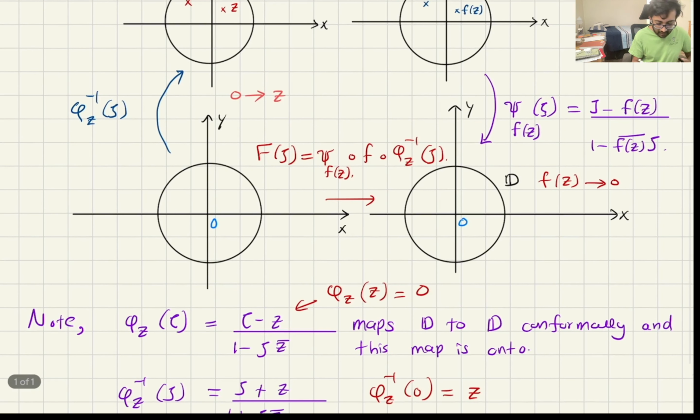Now I have a composition of three analytic functions, and phi and psi are conformal and onto. Actually, they are bijections from unit disk to unit disk. So finally, I have an analytic function from unit disk to unit disk, and this capital F maps 0 to 0.